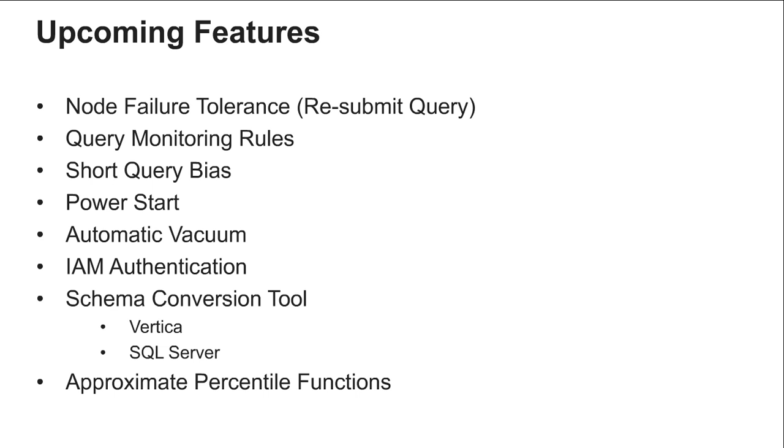The next is vacuum. We're going to be coming out with automatic vacuum. That's one of the upcoming features that we're also working on. For now, we have a really good utility that we've released onto GitHub. It's in the Redshift utils, where we've released a whole bunch of utilities and useful queries onto GitHub.